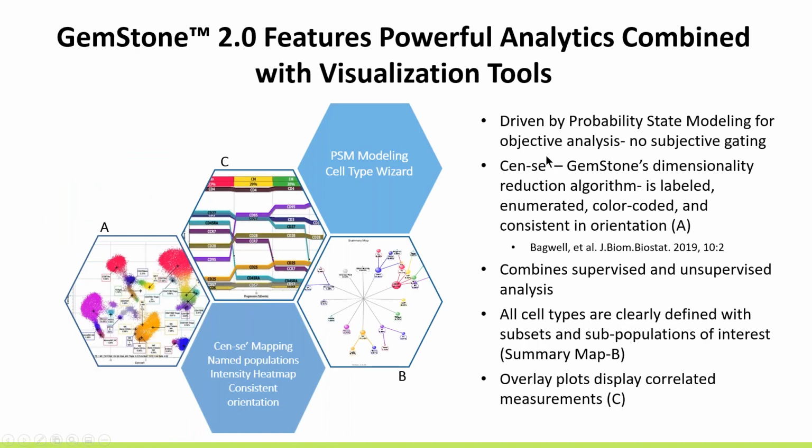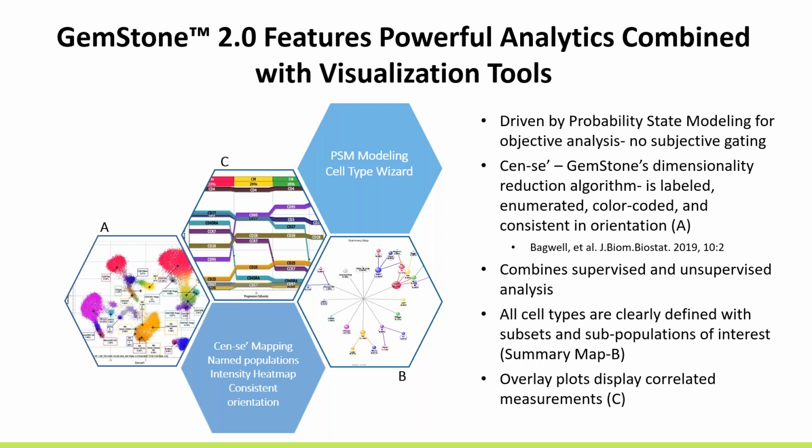The driving force behind GemStone is called probability state modeling, which is a published, patented, well-tested algorithm that eliminates the need for subjective gating. Sensei, which is GemStone's high-resolution dimensionality reduction algorithm, is calculated independently of the model in an unsupervised manner.